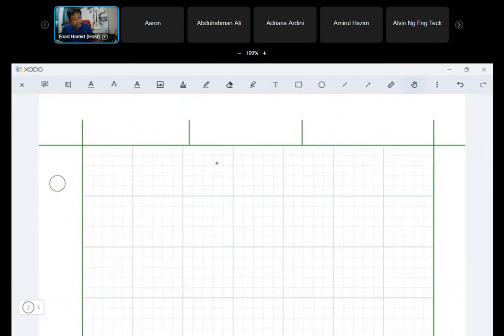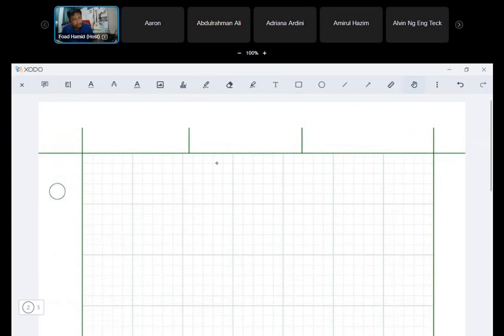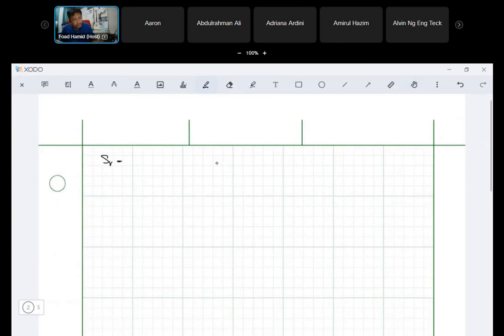So what we can say here is SR is just the summation of Ei squared, which is equal to this one: yi minus a naught minus a1 xi, squared. So now this is what we want to minimize.